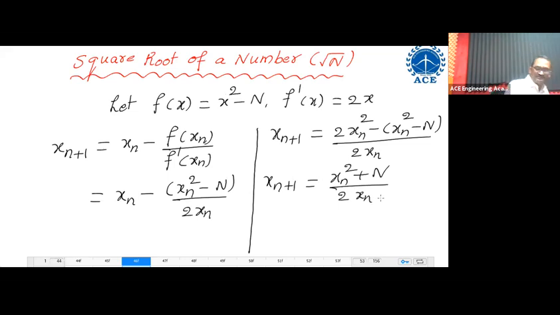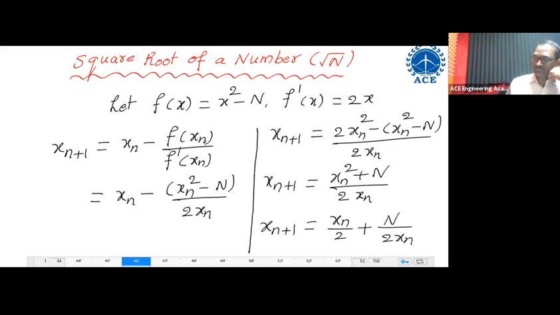Split that. Xn square by 2xn, that is xn by 2, plus capital N by 2xn.